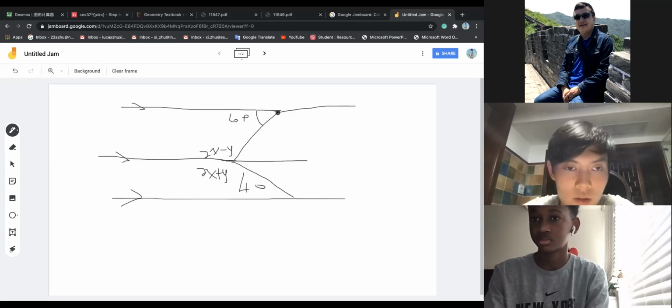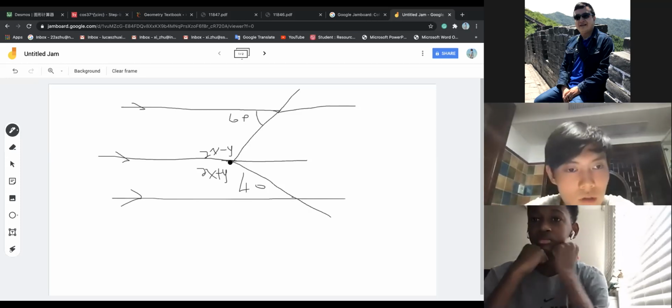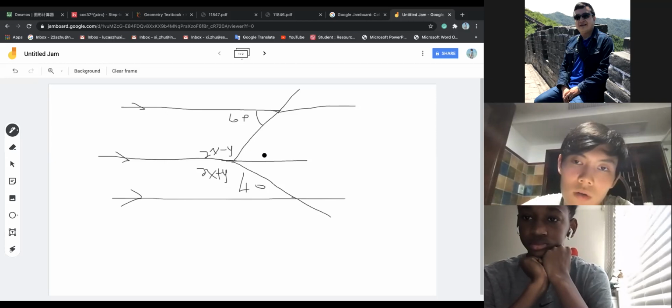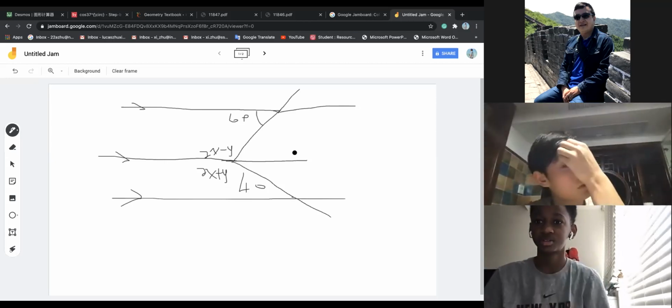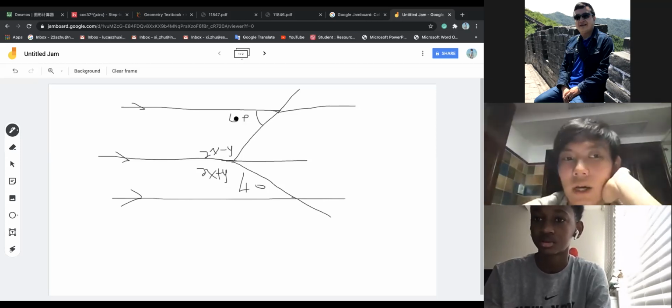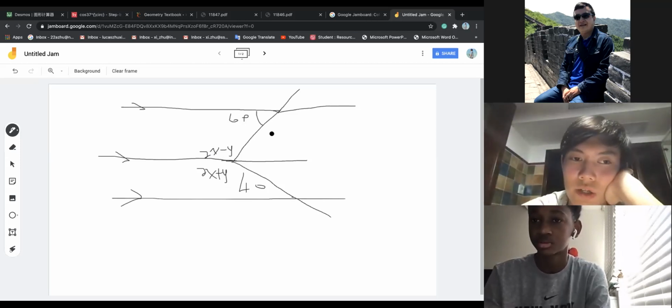Here we can see the transversal drawn longer. What's the relationship between these two? They both share a 60-degree angle: 2x plus y and 60.